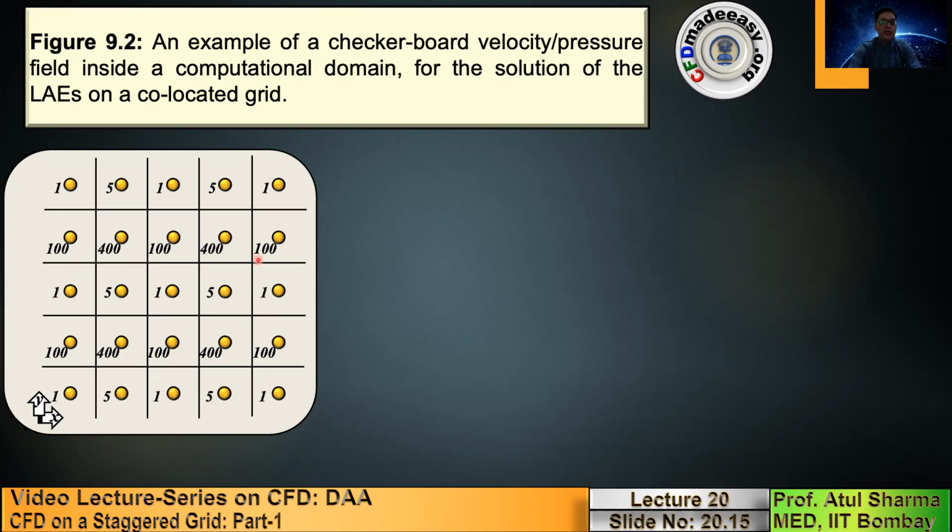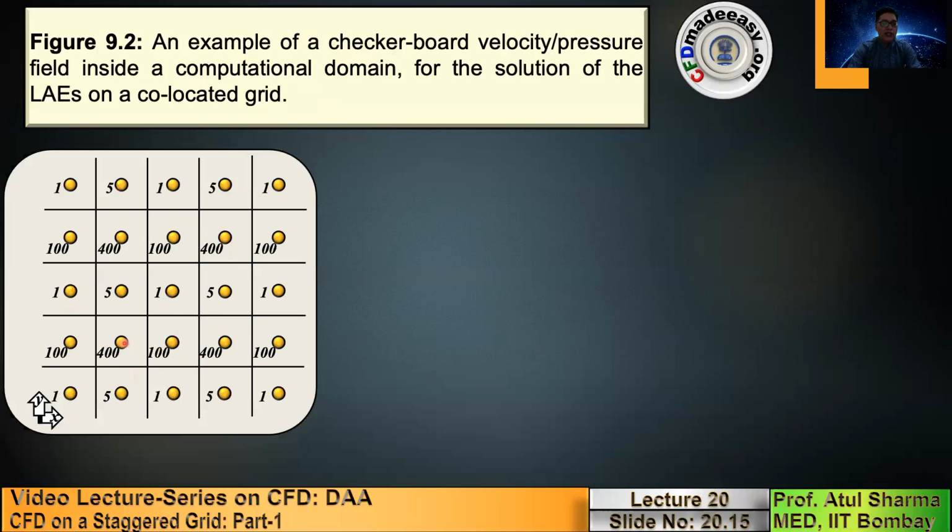Now, if you consider this number distribution as a pressure distribution, and you are applying, let us say, the X momentum equation at this point P, then you can see that this oscillatory pressure field is basically giving a net zero pressure force in the X direction and zero pressure force in the Y direction. In the previous case I had considered this number distribution for normal velocity.